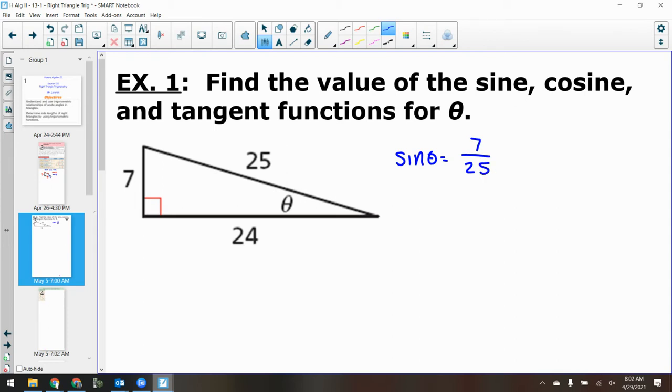We're just identifying the ratios right now, just to see if you can identify what's going on. Let's talk about cosine theta. What's cosine theta? 24 over 25. And what's tangent theta? 7 over 24. Opposite side divided by adjacent side.